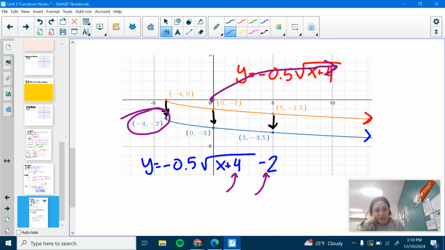Okay, and it says we got to move over 4, down 2. The a tells us we're going to flip upside down and we're going to get skinny. Okay, we're going to be at half of whatever value we were at before, between one point and another. All right, so those are our key pieces of a function transformation.